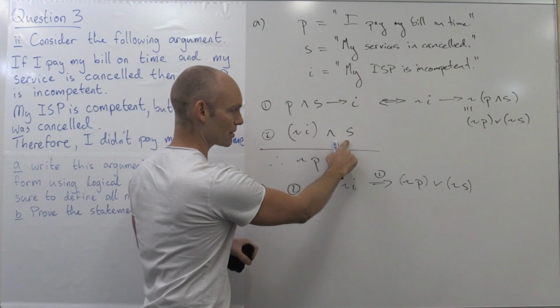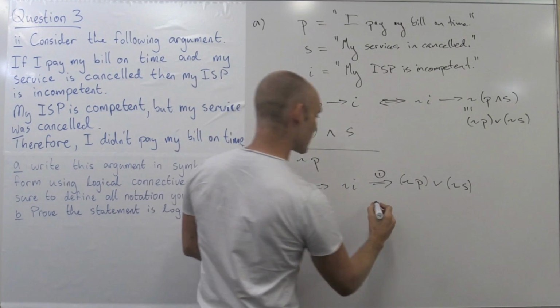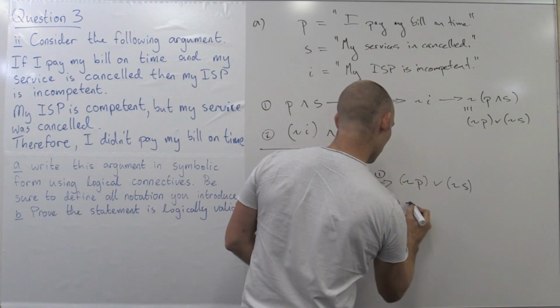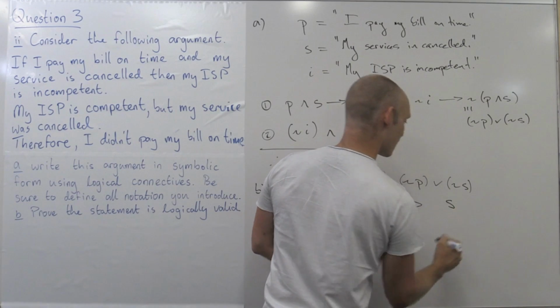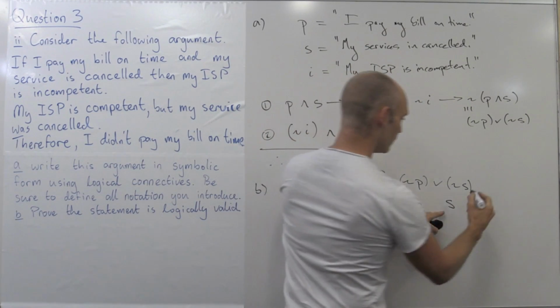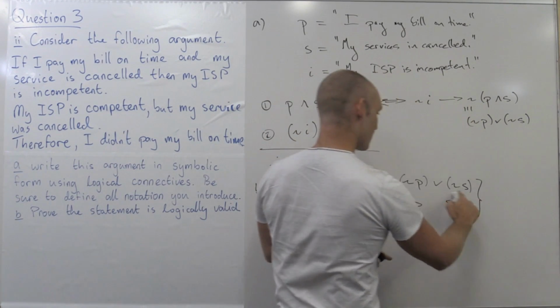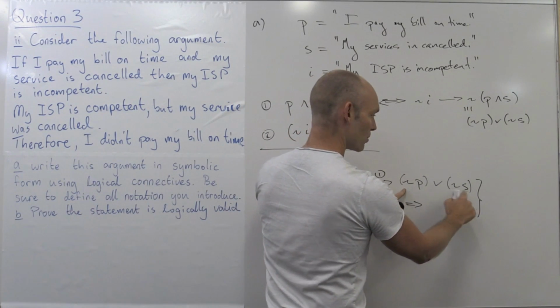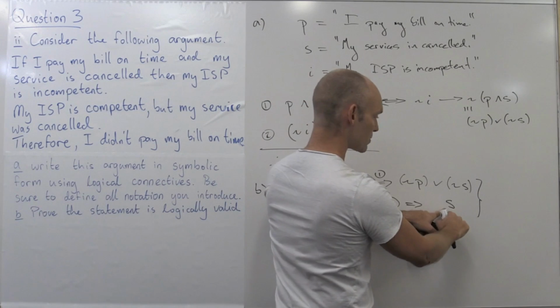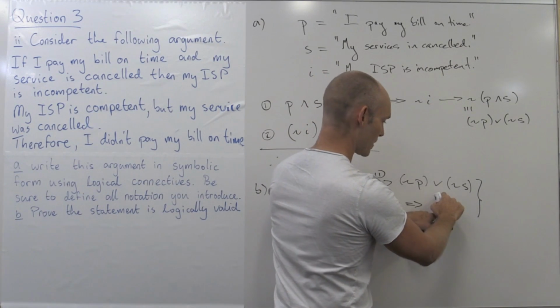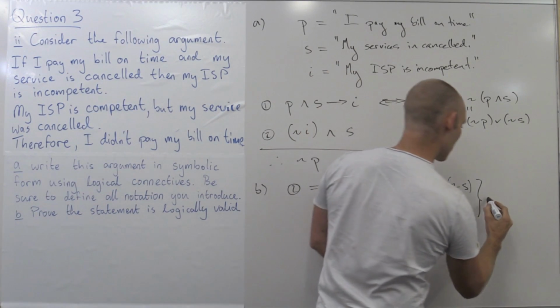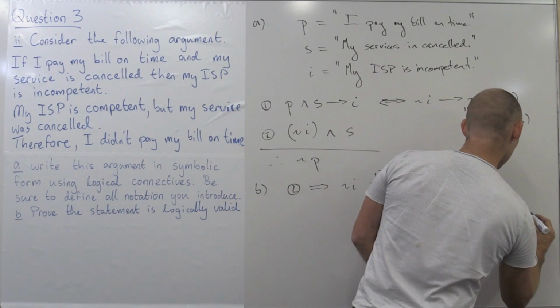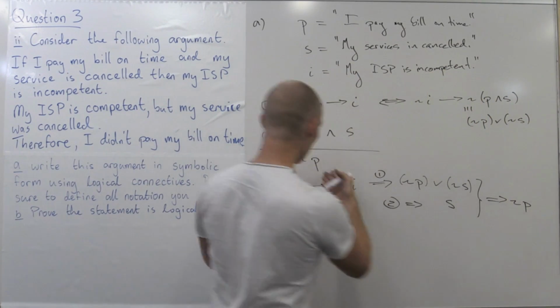In particular, S is true. Now, if you combine these two statements, S is true, and then either not P or not S. Well, if S is true, then not S is not true, so this must be true, not P, and that's what we wanted.